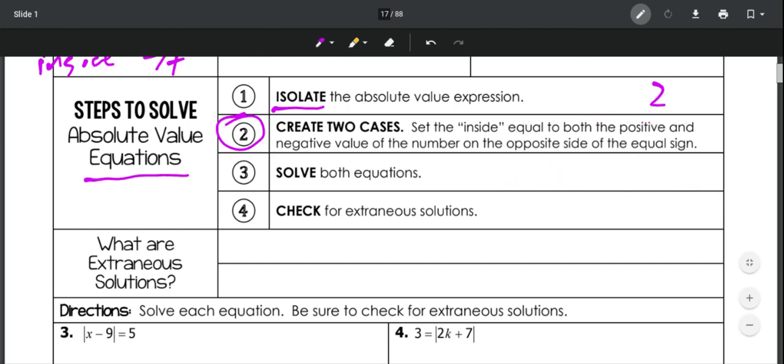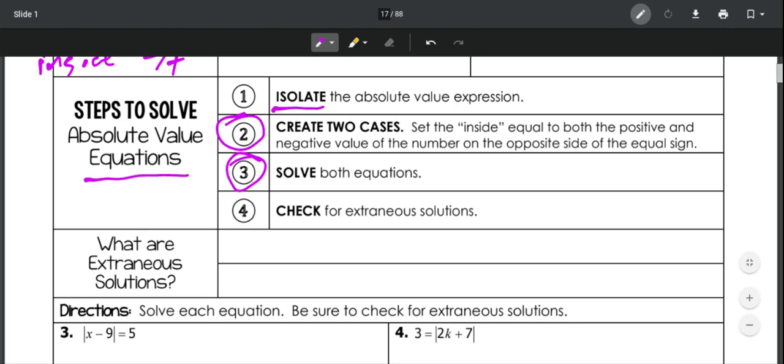So that's the second step. Third step, solve both equations. That just means to solve them like a normal equation, which I'll go through. Just isolate the variable. We want the variable by itself, equal to something.